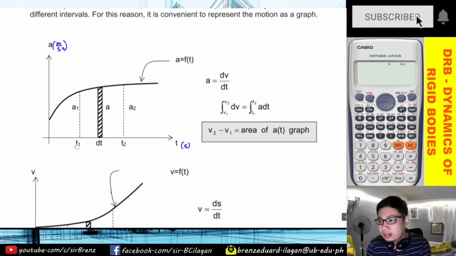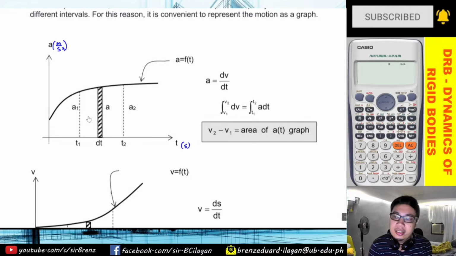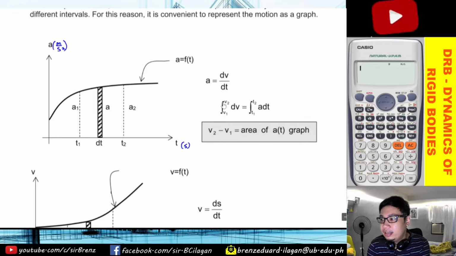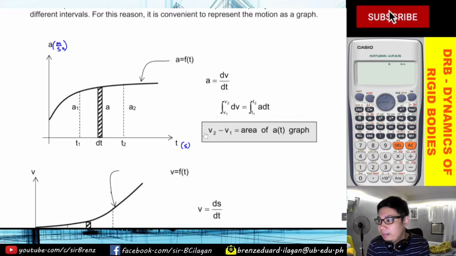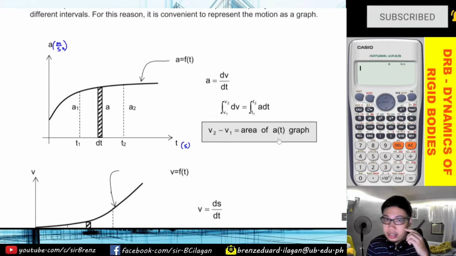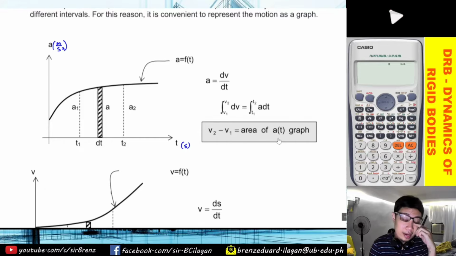Kung saan, at T1, meron siyang certain value ng acceleration. And T2, ganun din. Meron din siyang corresponding acceleration. So, if you're going to integrate that, mapapalabas mong equation is ito. So, that is V2 minus V1 is equals to the area of the acceleration diagram.